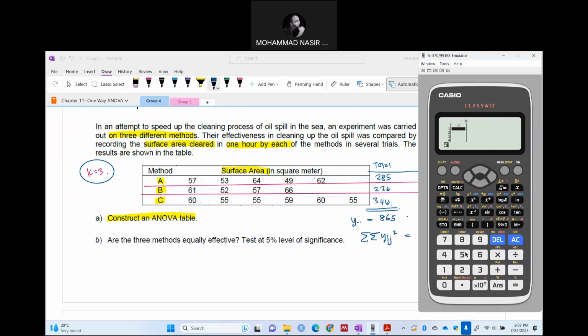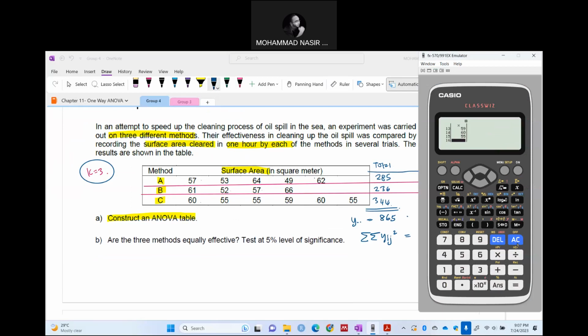Include everything: 57, 53, 64, 49, 62, and 61, 52, 57, 66, 60, 55, 55, 59, 60, and 55.